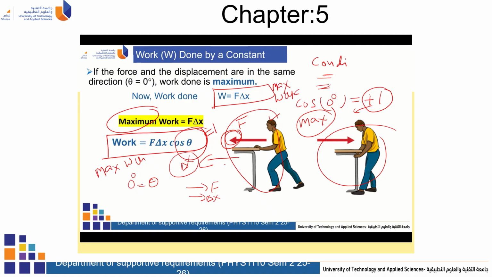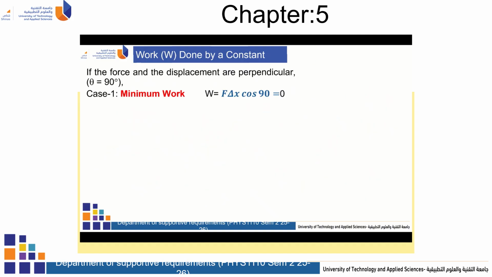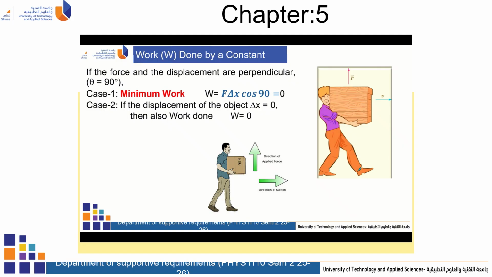In a similar way, the work can also be minimum, or zero sometimes. When it is minimum, actually there are two conditions.